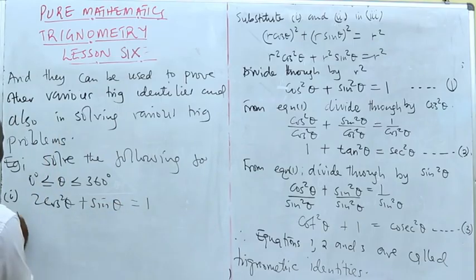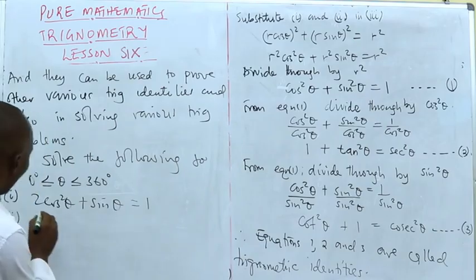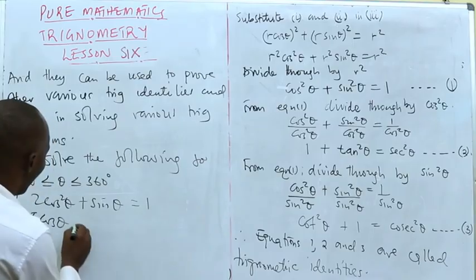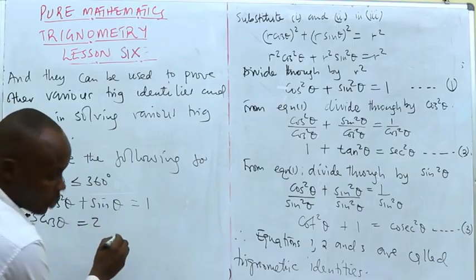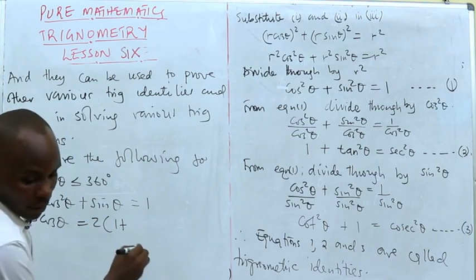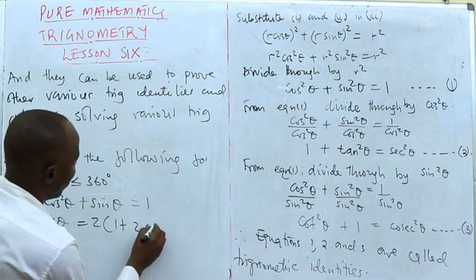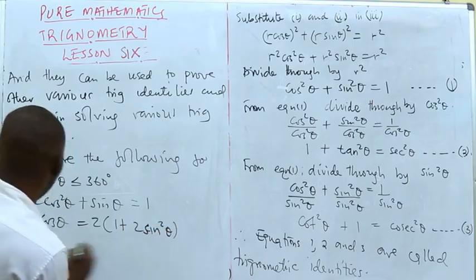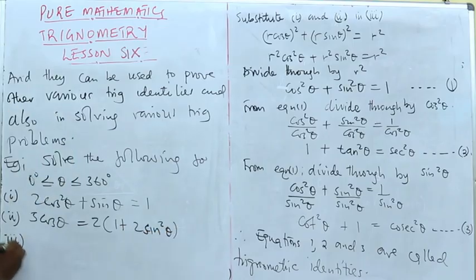We have Roman 2, it is 5 cos theta is equal to 2 into 1 plus 2 sine squared theta.